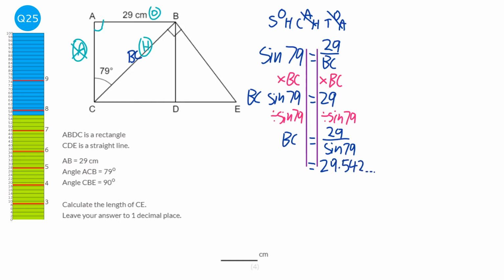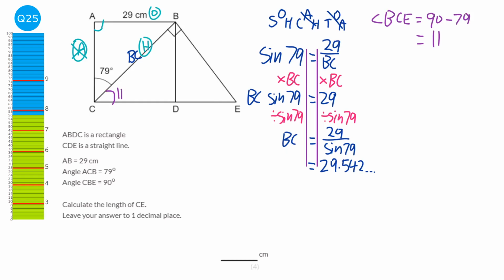Okay, so next thing we need to figure out is angle BCE. So where are we? This angle here. And to work that out, we're just going to take 79 away from 90. So angle BCE is 90 take away 79, and that's going to be 11.